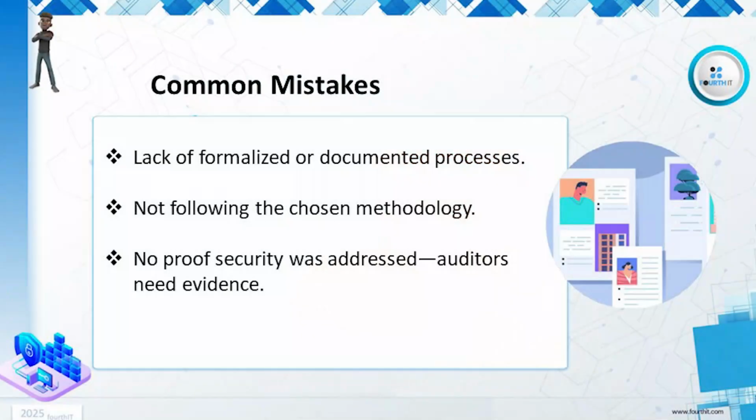Now, while this all sounds pretty straightforward, it's easy to overlook some of them, especially if your organization hasn't formally documented its project management processes. Formal documentation is writing procedures that everyone in your organization follows. One common mistake that I have seen is that organizations either don't have a defined methodology or they fail to follow the one that they have.